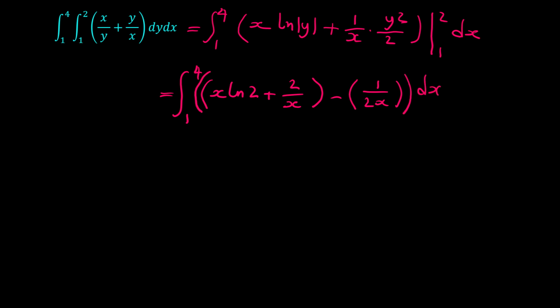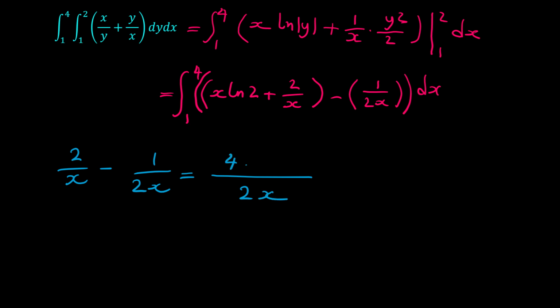All of this in a bracket. If you pay attention, 2 over x minus 1 over 2x, these are similar terms. So we can subtract these two from each other and write them as a single term. Let me show you. 2 over x minus 1 over 2x with a simple common denominator. The common denominator is 2x.